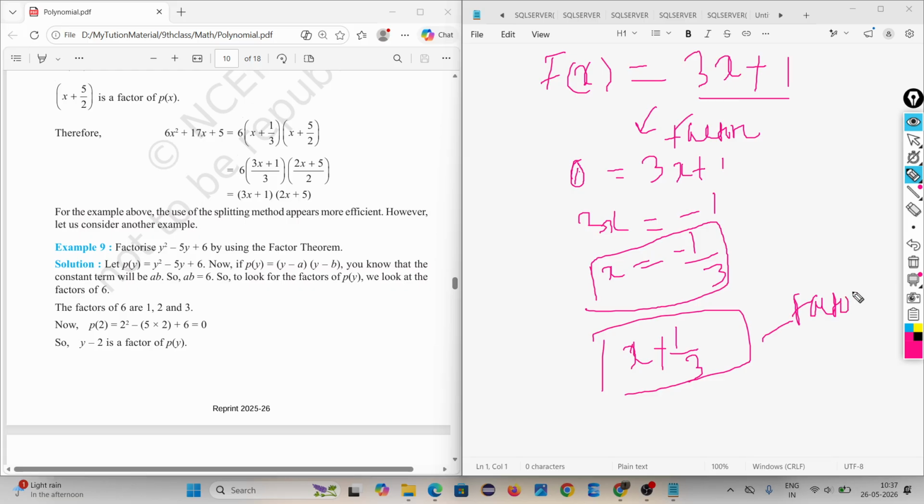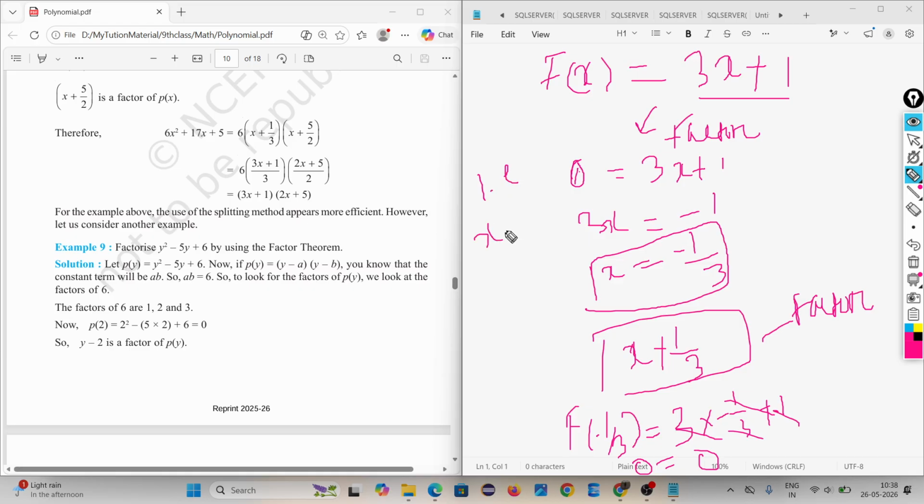Then apply the factor theorem. That means in place of x, if I put minus 1 by 3, our polynomial should equal 0. 3 and 3 cancel, minus 1 plus 1 cancel, 0.